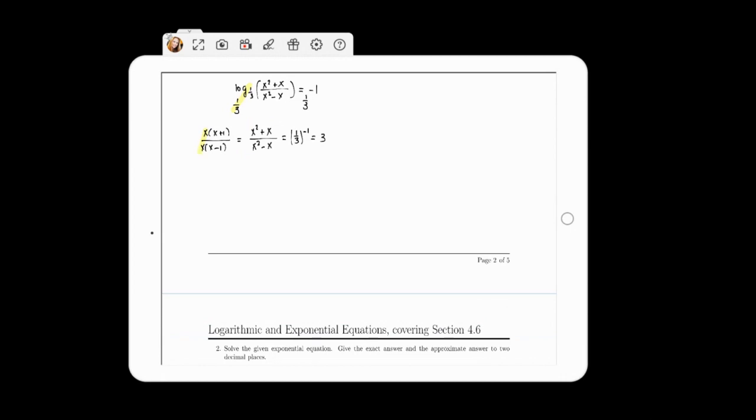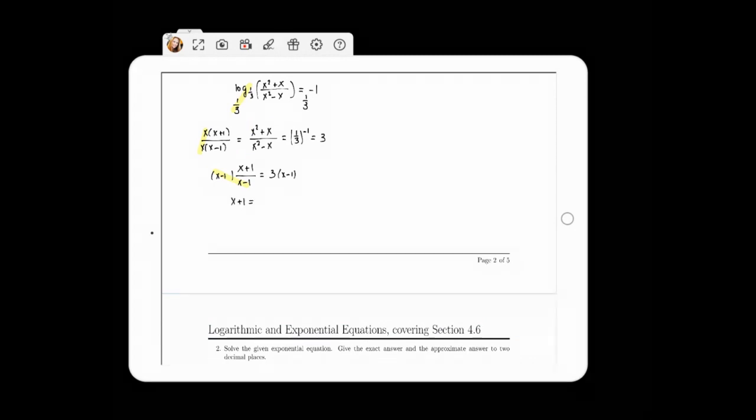So I just have to solve x plus 1 over x minus 1 equals 3. I'm going to multiply both sides by x minus 1 to get rid of it in the denominator. So that way I have x plus 1 equals, I have to distribute the 3, 3x minus 3.